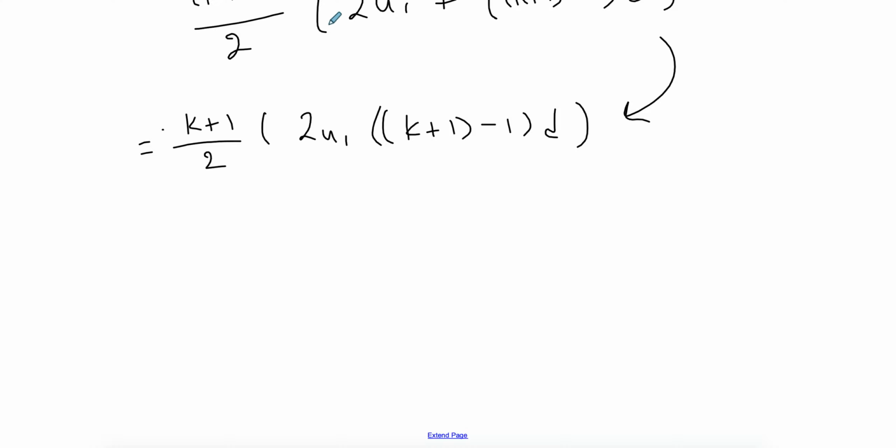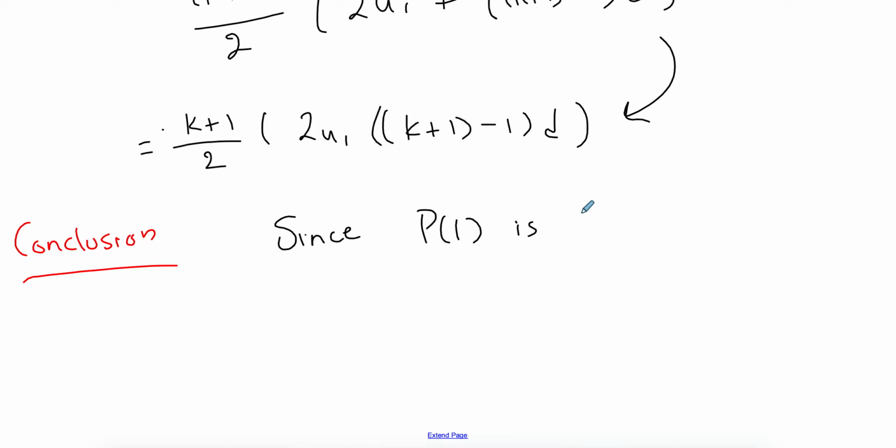And then your conclusion. You don't have to write a conclusion, but it's good for you to remember. So you have to say something similar to the wording of: since P1 is true, so that's your base case.